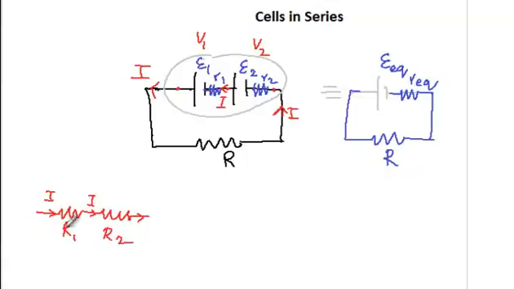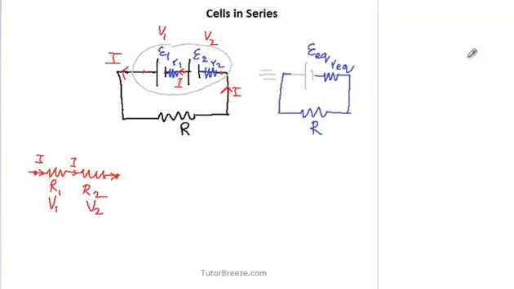But if you take a look at the potential drop, then we have a potential across the first resistance which is V1 and across the second resistance which is V2, and the total potential across both these resistors is V1 plus V2. Similarly, in this case, the same current flows through both the cells, and the potential drops across them add up. So V adds up across both the cells.